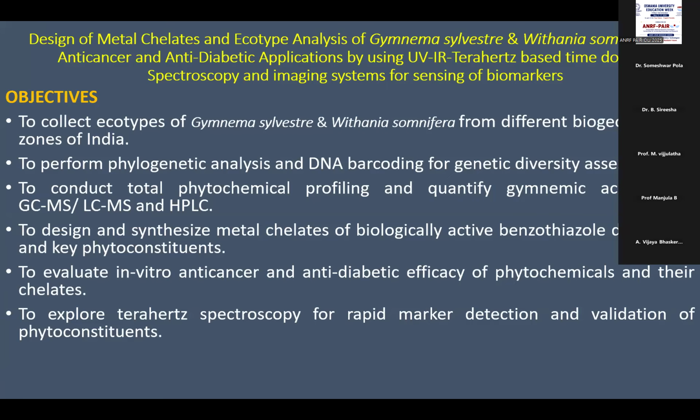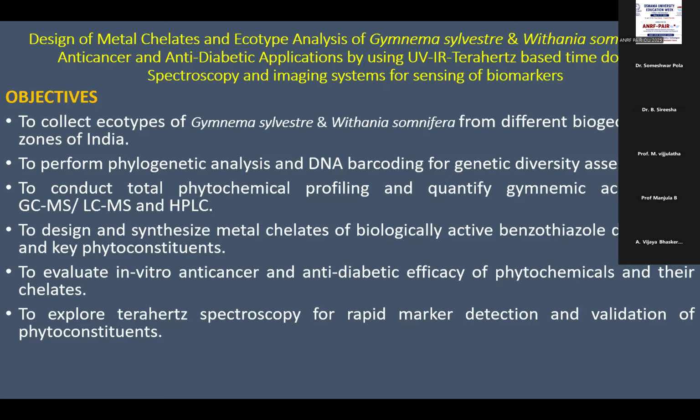To perform phylogenetic analysis and DNA barcoding for genetic diversity assessment, to conduct a total phytochemical profiling and quantify gymnemic acids using GCMS, LCMS, and HPLC, to design and synthesize the metal chelates of biologically active benzothiazole derivatives and key phytoconstituents which are derived from these two plants.